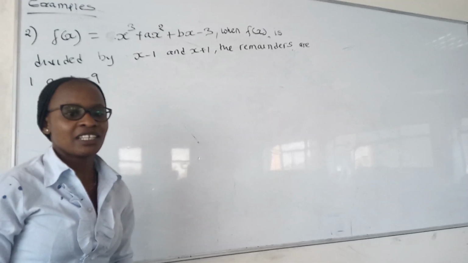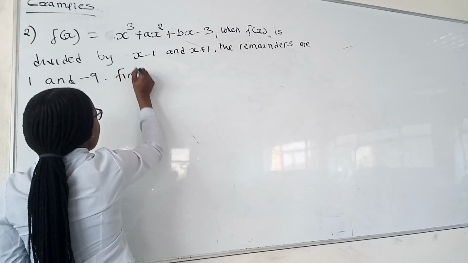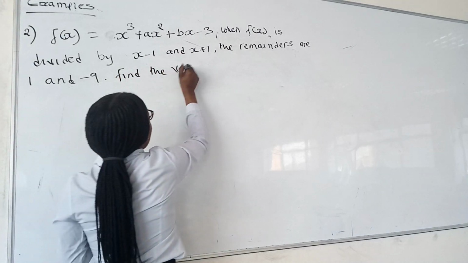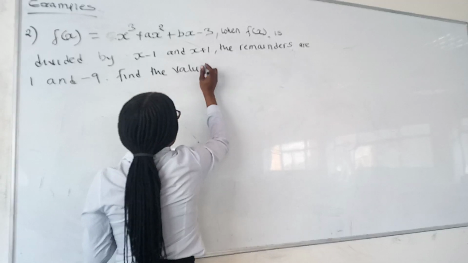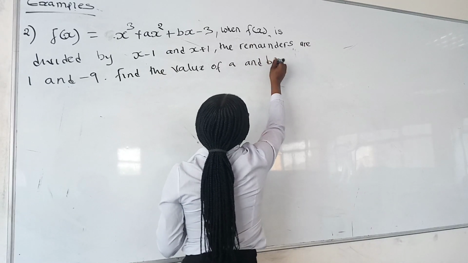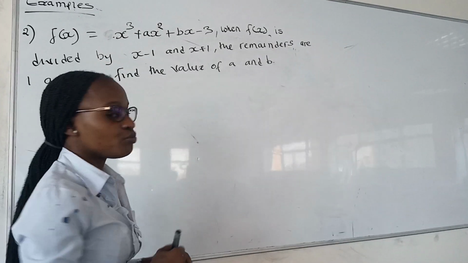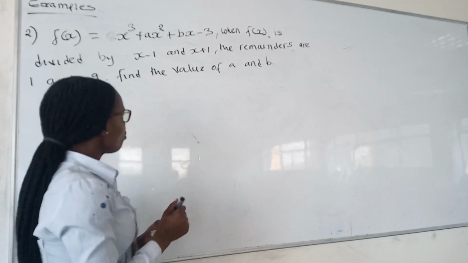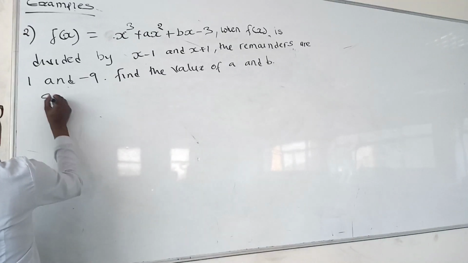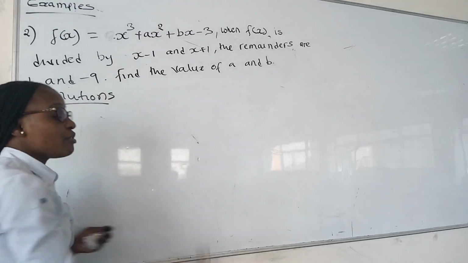These are the remainders that we have. So we are now asked to find the value of a and b, which is easy for us because this is not different from the previous example that we've done.